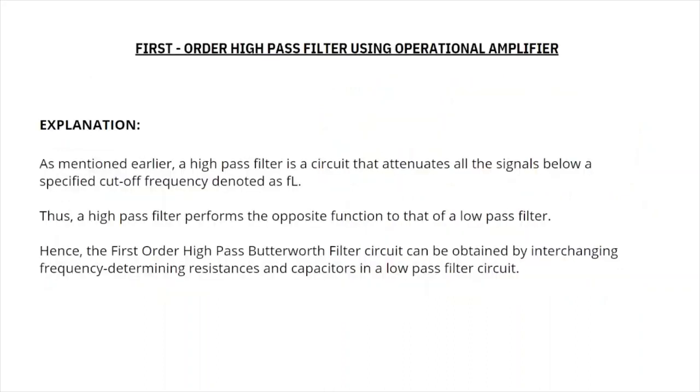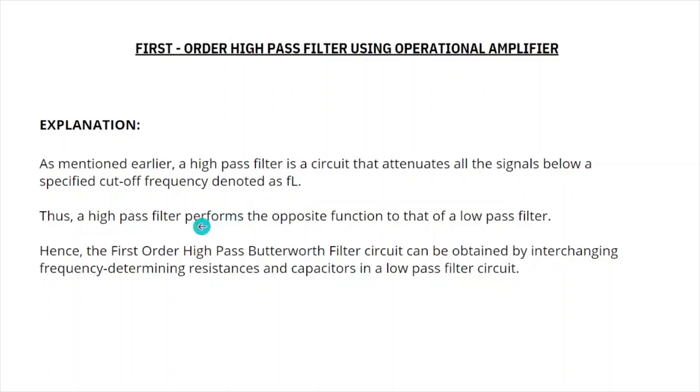So let's have a gist with a little bit of explanation. I have discussed earlier that a high pass filter is a circuit that attenuates all the signals below a specified cutoff frequency denoted by FL, or in some books you will see it represented as FC.